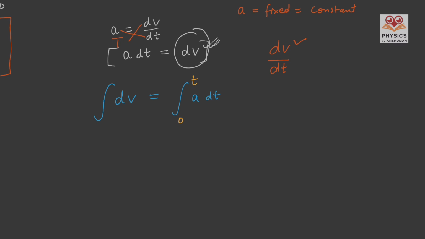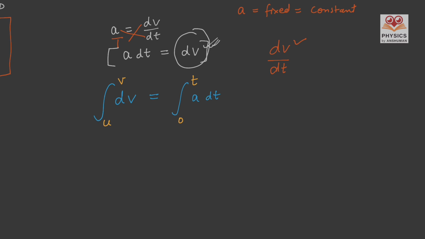And this velocity ranges from initial to final. v is called the final velocity, u is called the initial, that you have learned in class 9th. And this is the integration. Integration simply means sum it up, from u to v.